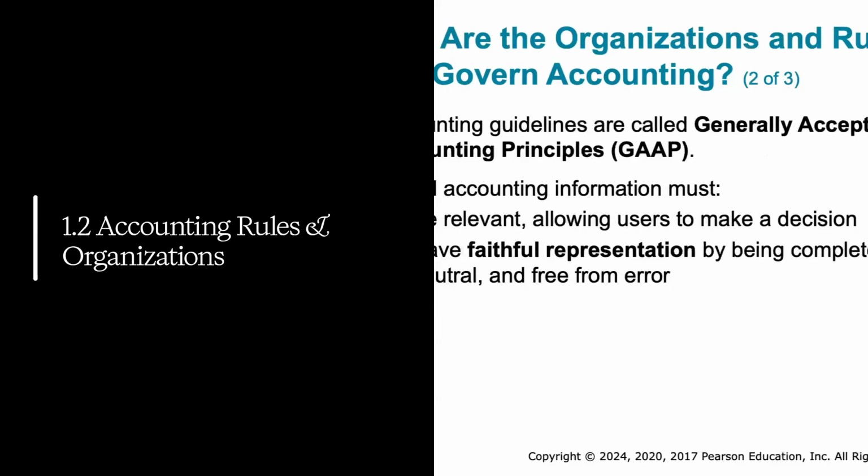Now, that's what we're talking about with GAAP. FASB is usually done through GAAP, right? Accounting guidelines are called generally accepted accounting principles, GAAP, so GAAP is what we're usually doing. We're doing this for bigger companies; we're doing GAAP for corporations. If you're a small mom and pop shop, you may not do GAAP. You may do cash basis, or you may do some hybrid type of GAAP.